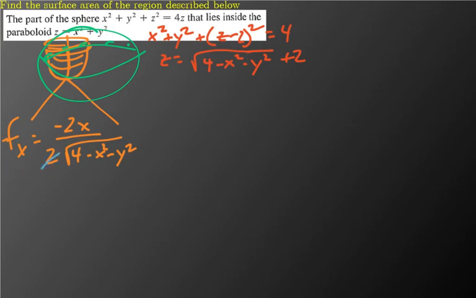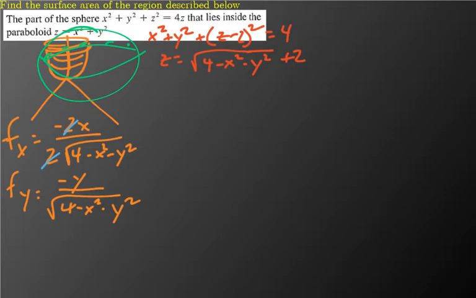But that would go ahead and cancel. And then when you do y, it's going to look very similar, except it'll be a y up top, over the square root of 4 minus x squared minus y squared. So that is my derivatives. And I will have to square those things.